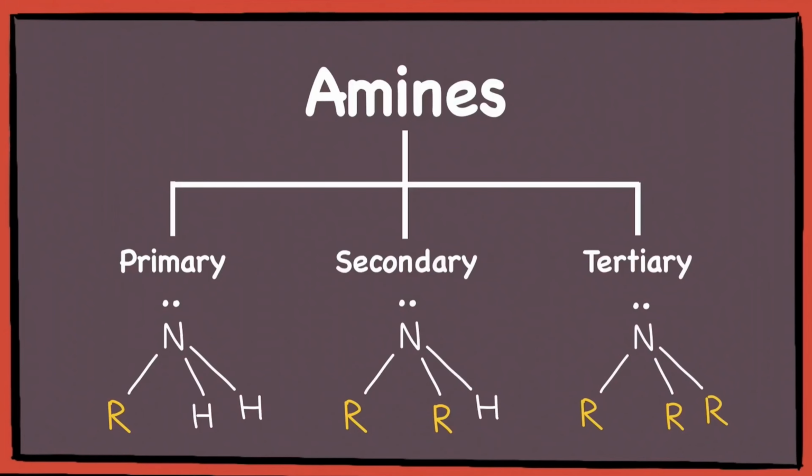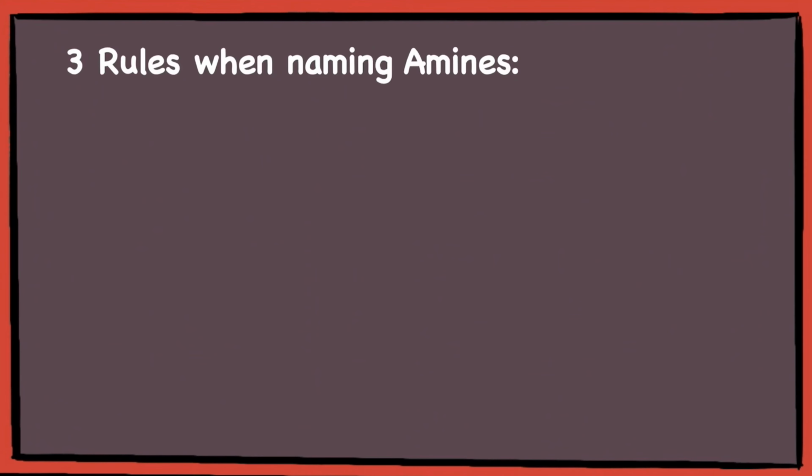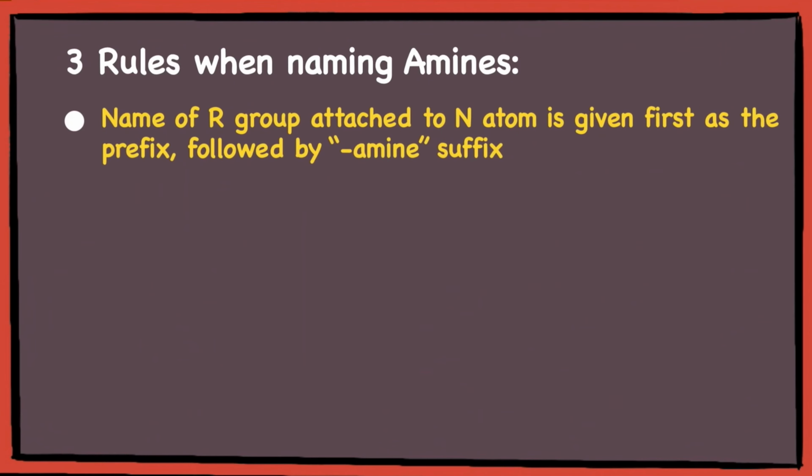Knowing the type of amine is extremely important as it will influence how we name them. When naming all 3 types of amines in general, there are 3 important rules that we need to follow. Number 1, the names of the alkyl, aryl, or R groups attached to the nitrogen atom are given first as the prefix, followed by the suffix amine.